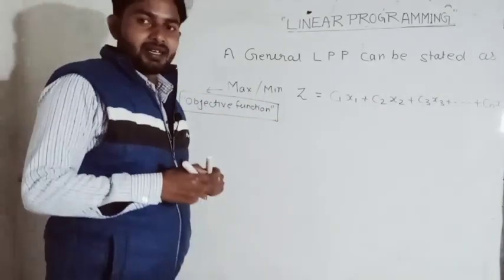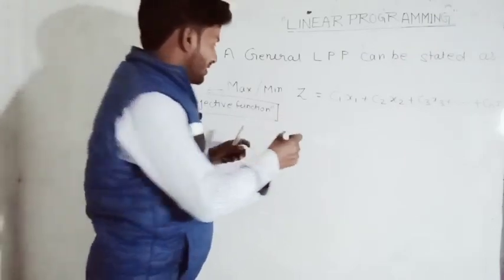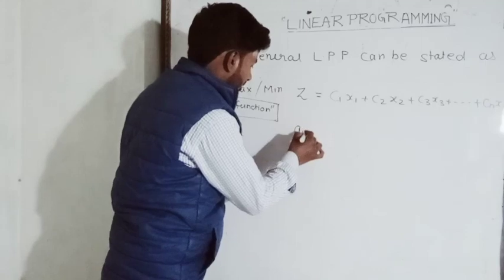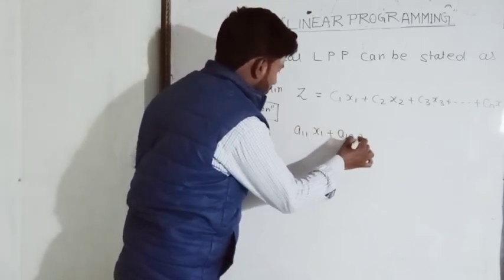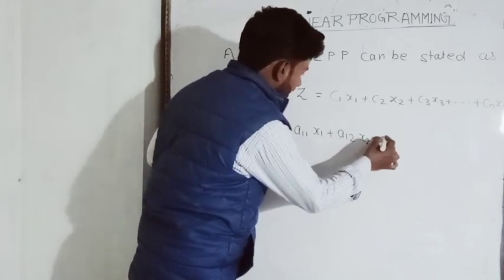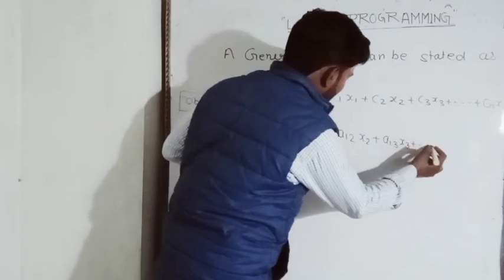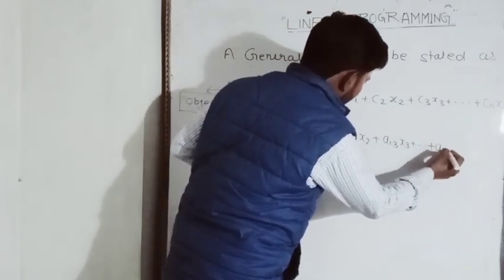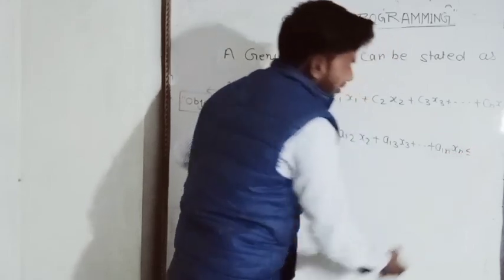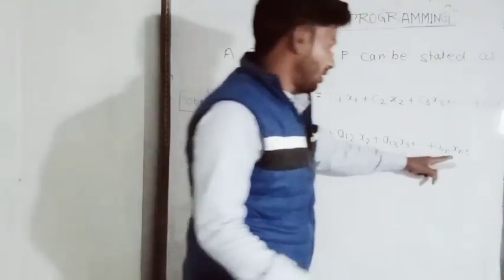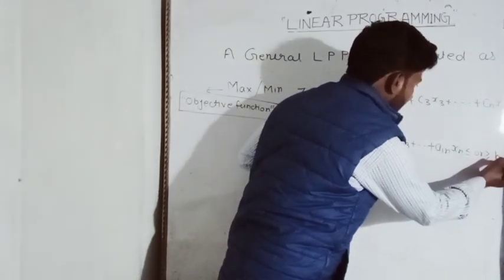And there are some inequalities or inequations such that a11 x1 plus a12 x2 plus a13 x3 plus so on plus a1n xn is less than or equal to, here less than or equal or greater than or equal to b1.